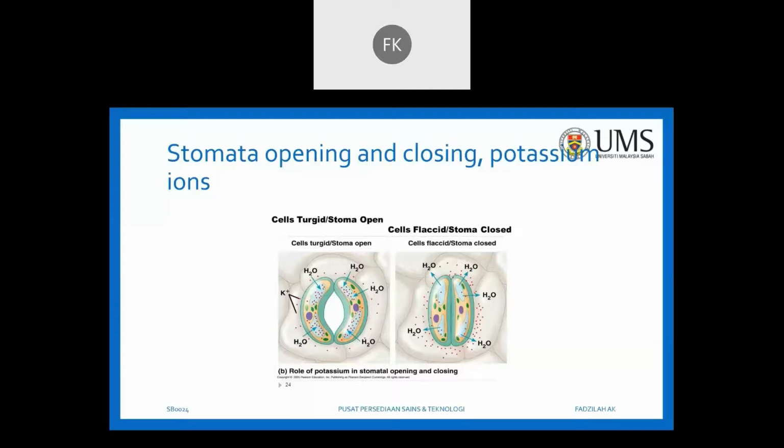The accumulation of potassium ions in the sap of the guard cell causes the water potential to decrease. When water potential is decreased, water is then drawn into the guard cells by osmosis from the surrounding epidermal cells.